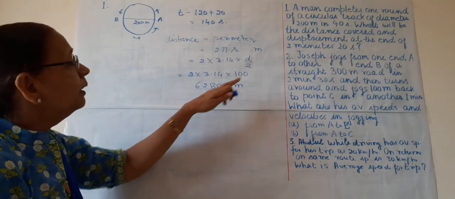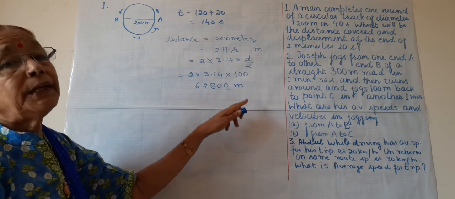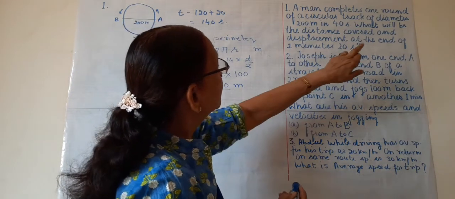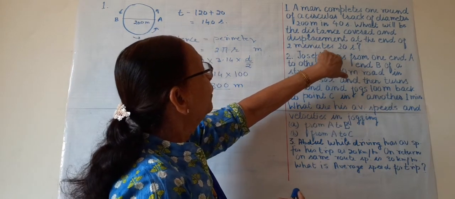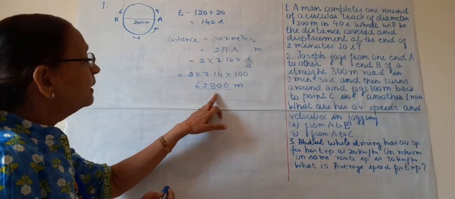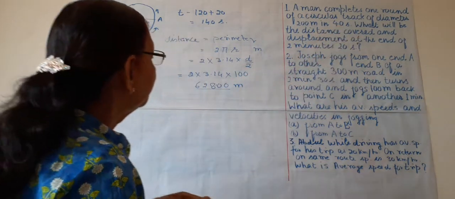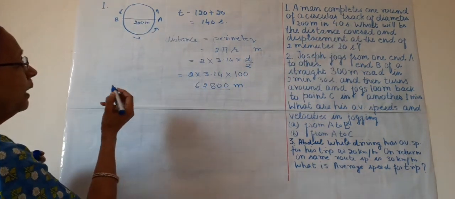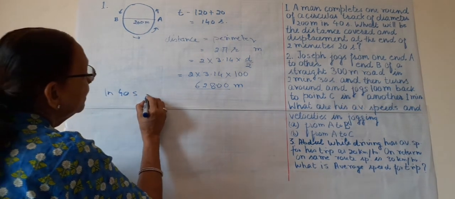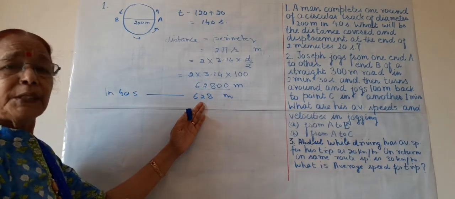In one round, the man travels 628 meters. Now we should know how much distance he has covered at the end of 2 minutes 20 seconds, that is 140 seconds. This distance he covered in 40 seconds. So by unitary method again we can calculate: in 40 seconds he has covered the distance of 628 meters.